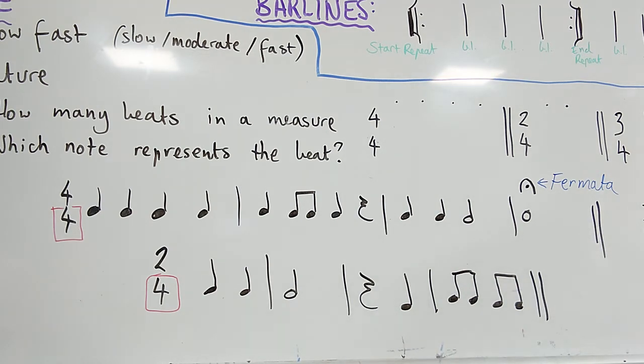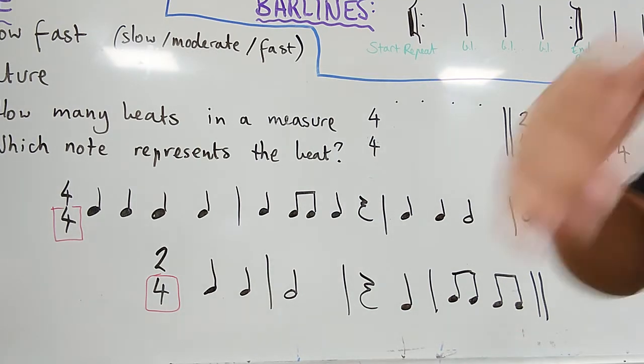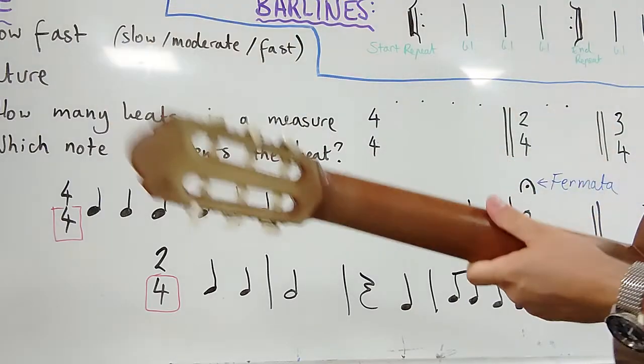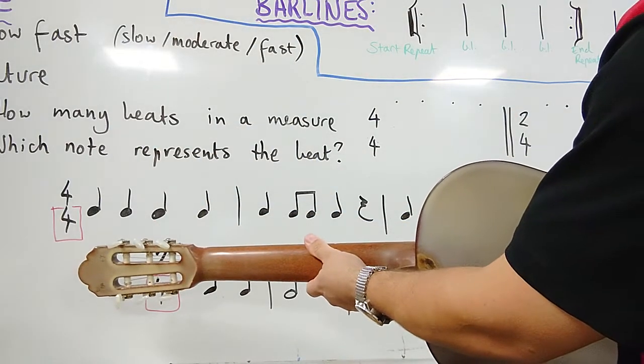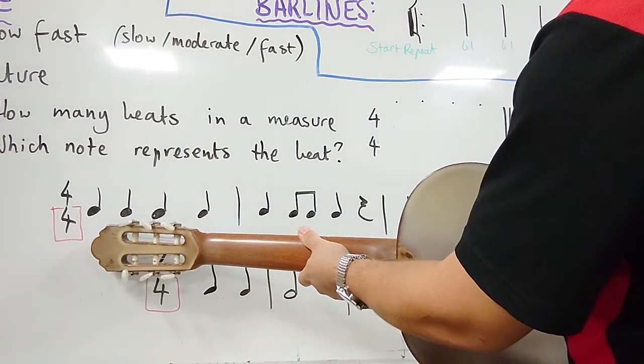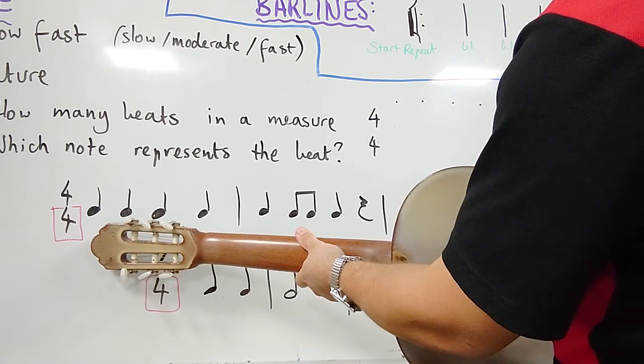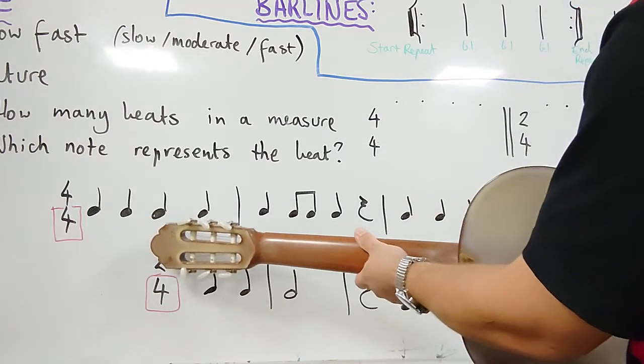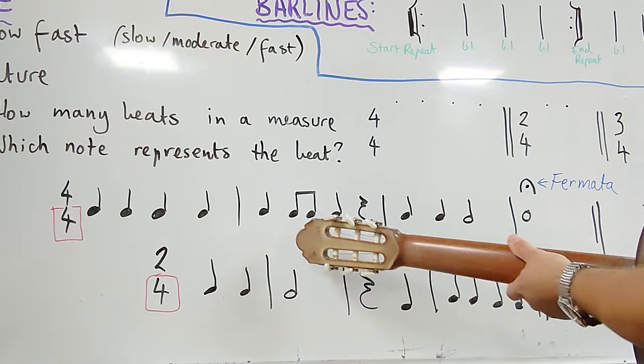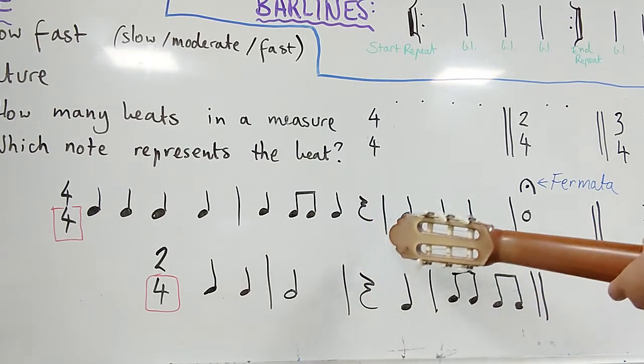And then that's it, the final bar line at the end. So, I might just play my guitar actually, and I'll point out what I'm playing. 1, 2, 3, 4. Rest.